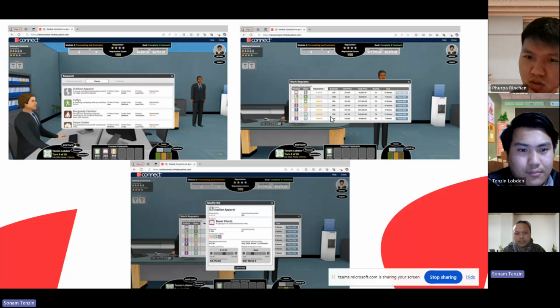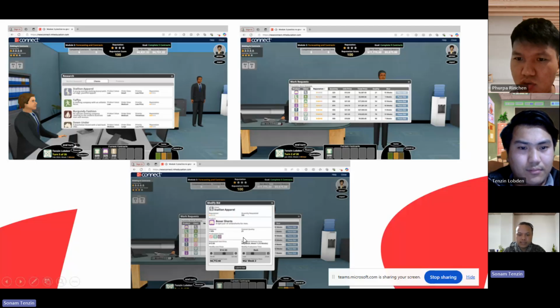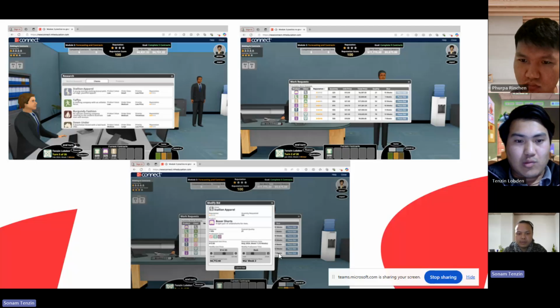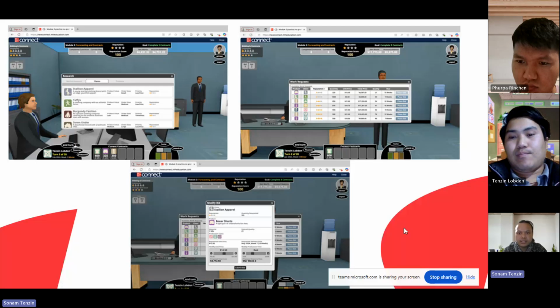In this screenshot, we can see that we bid for Stallion Apparel for the silk to produce boxer shorts, as they provided a higher profit margin compared to other suppliers. Also, it was 1 star rated and at par with our production plan. So all these factors were considered in finalizing or bidding for any contracts.